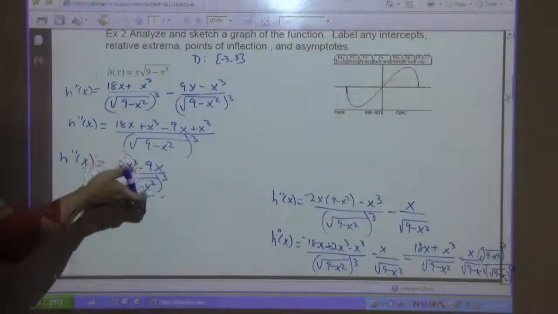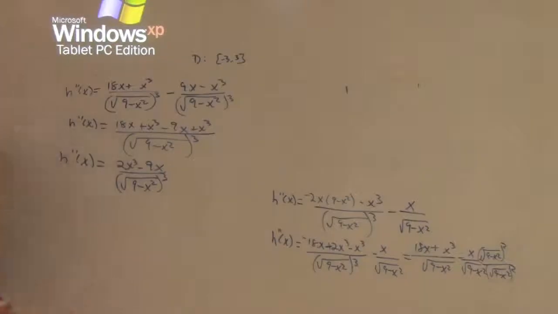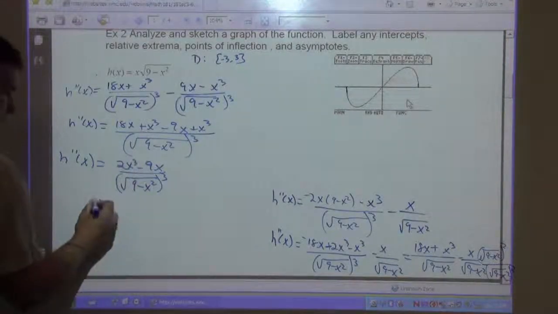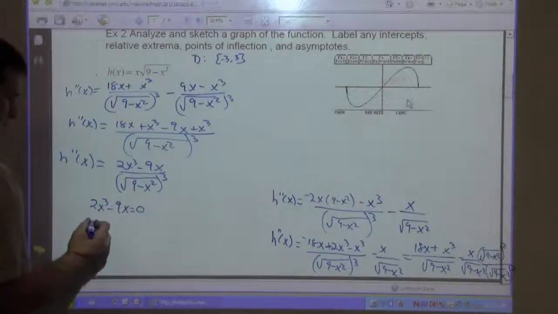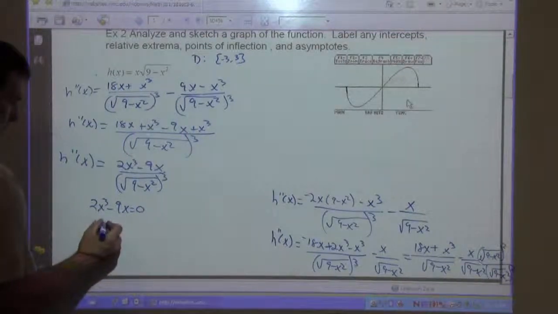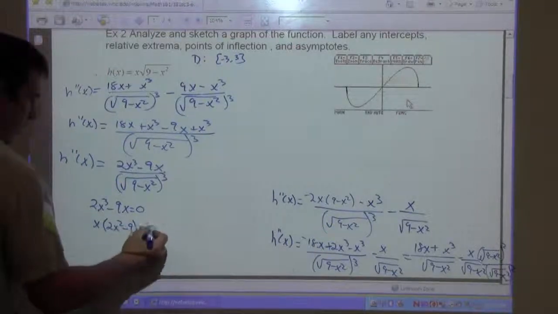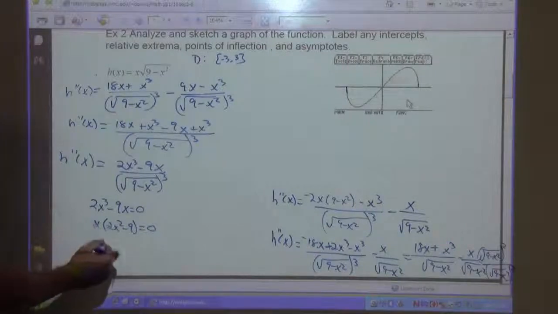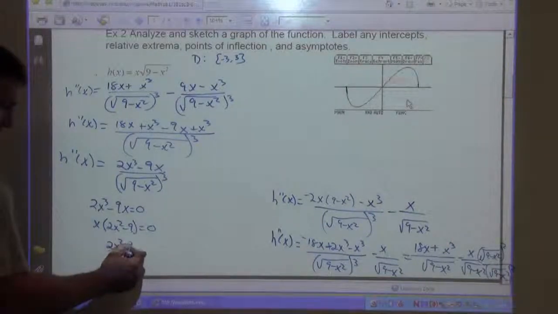Now the denominator still is that same problem we had before as far as domain. We have that same domain. So look at the numerator. Where's 2x cubed minus 9x going to be 0? That's where x times 2x squared minus 9 equals 0.